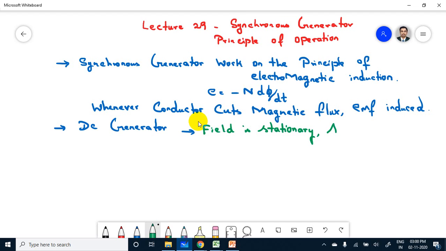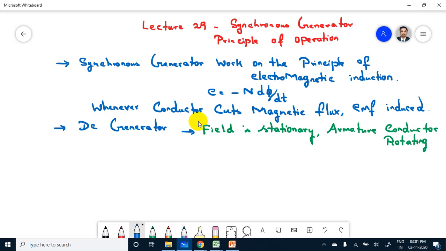The armature winding, or we can say the armature conductor, is rotating when you operate a DC generator.